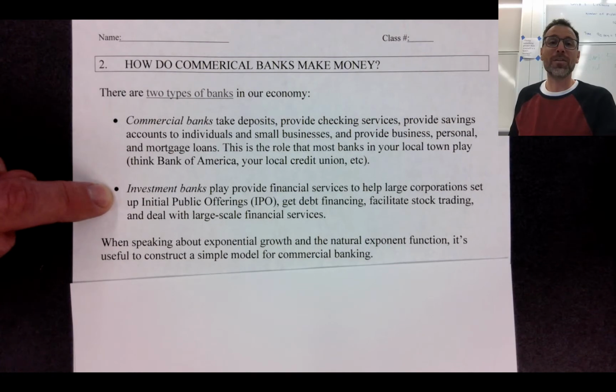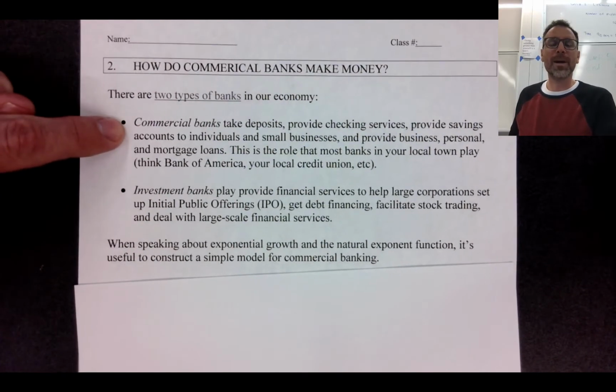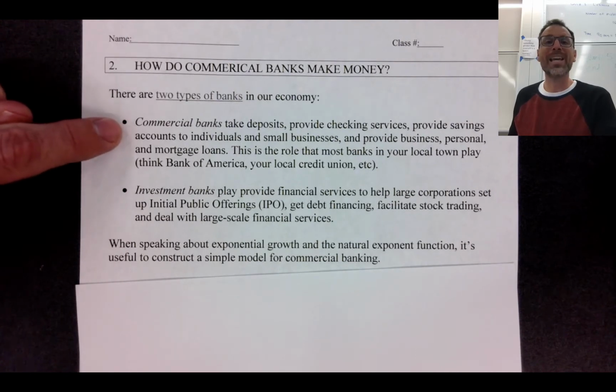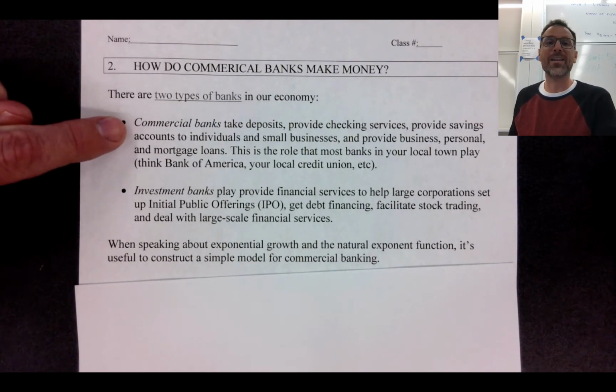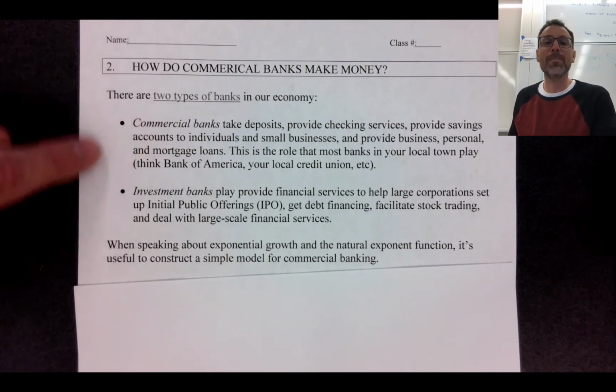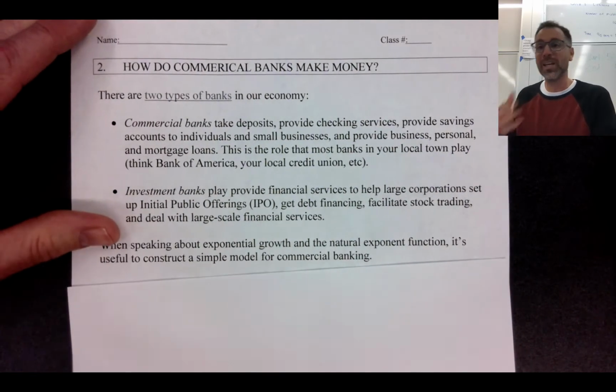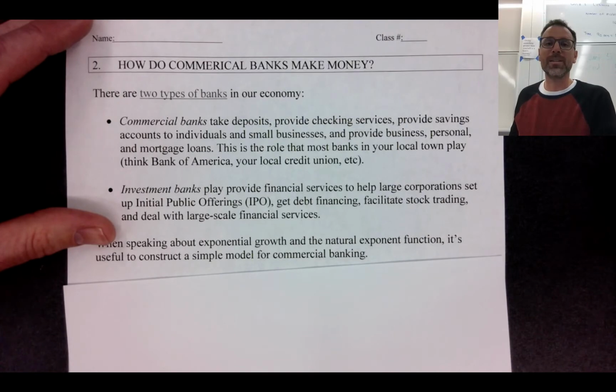They've left this earth. We're going to talk about a model for commercial banking today, and we're going to see how interest rates and compounded interest show up in commercial banks, and thus many of the financial products that you use on a daily basis.